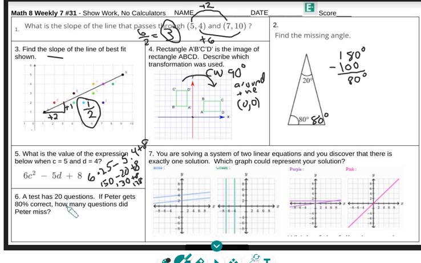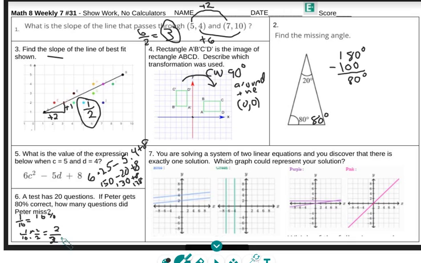The test has 20 questions. If Peter gets 80% correct, how many questions did Peter miss? Well, the best thing to do is to think about fractions. If I was on a test and I got one question right out of 10, I would know that I got a 10%. Scaling that up, 1 times 1/10, and we did it times 2 in the giant 1, I would know that I'd have to get 2 questions right.